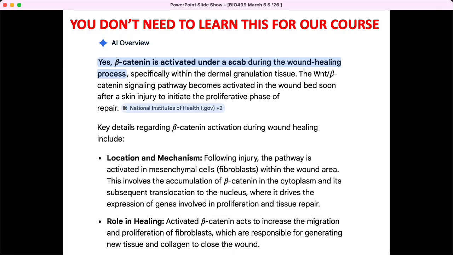And then the next prompt is: is beta-catenin required under the scab? And that's the one that works with TCF. Right? Yes, beta-catenin is activated under a scab during the wound healing process, specifically within the dermal tissue, and becomes activated in the wound bed soon after skin injury to initiate proliferative phases of repair.